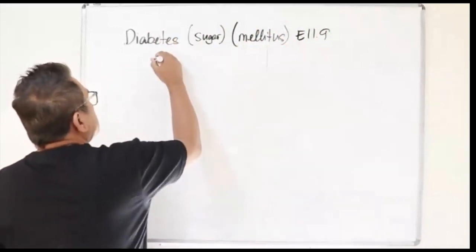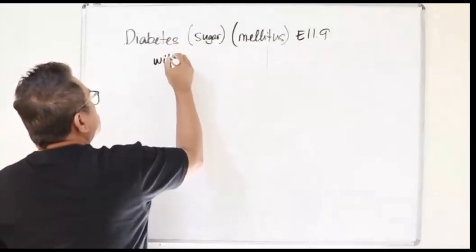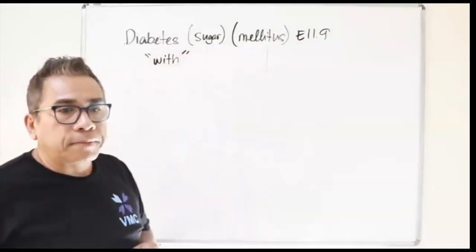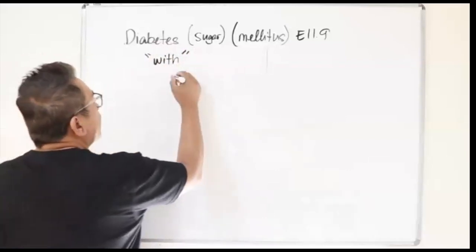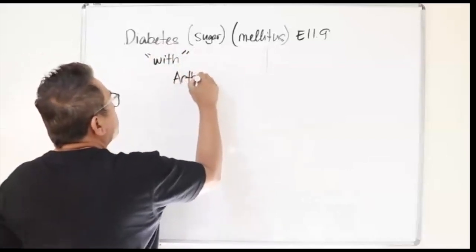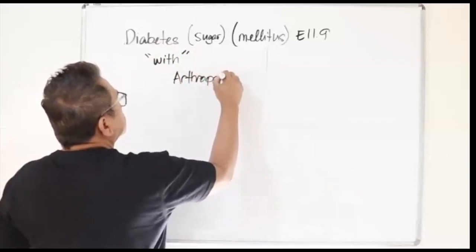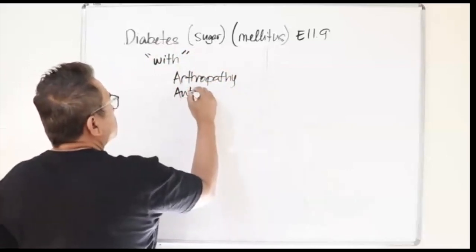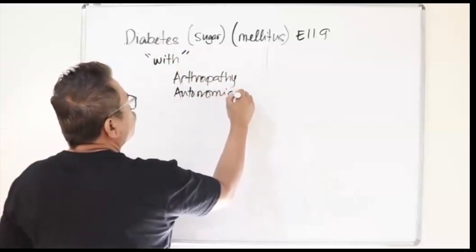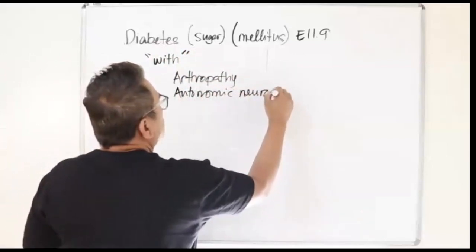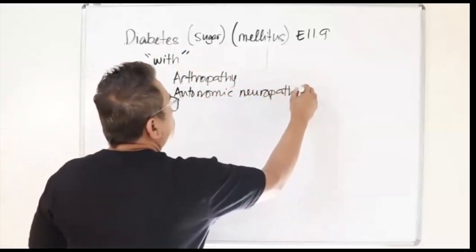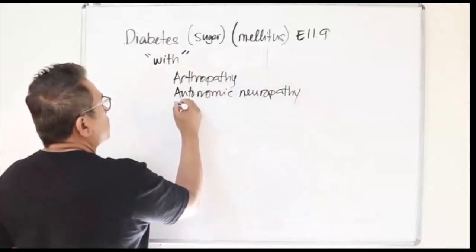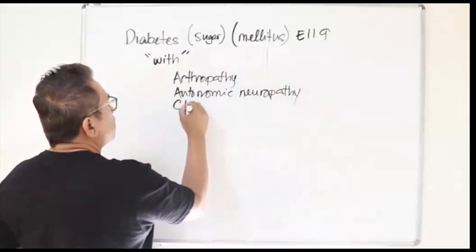Now, immediately under the word diabetes is the word "with," right? And you have all these: arthropathy, right? What else? Autonomic neuropathy. I'm just trying to remember off the top of my head, guys. You have CKD.